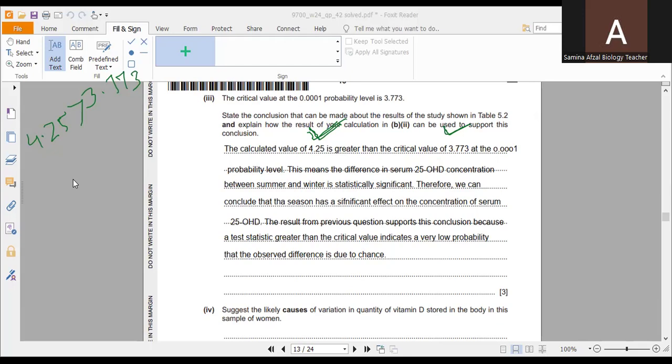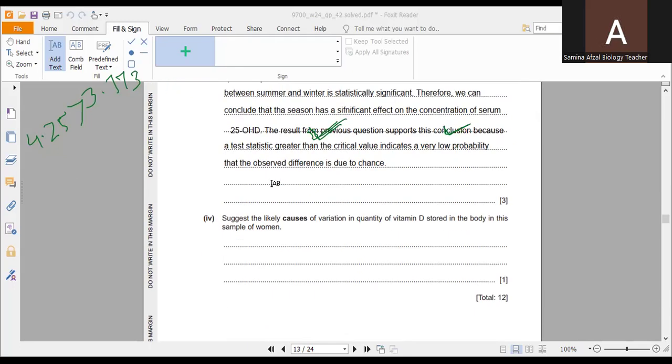It will be different in summer or different in winter. The result from the previous question, 4.25, being greater in comparison to the critical value, also supports our conclusion. A test statistic greater than the critical value means a very low probability that the observed difference is due to chance. So it shows the differences due to environmental temperature.